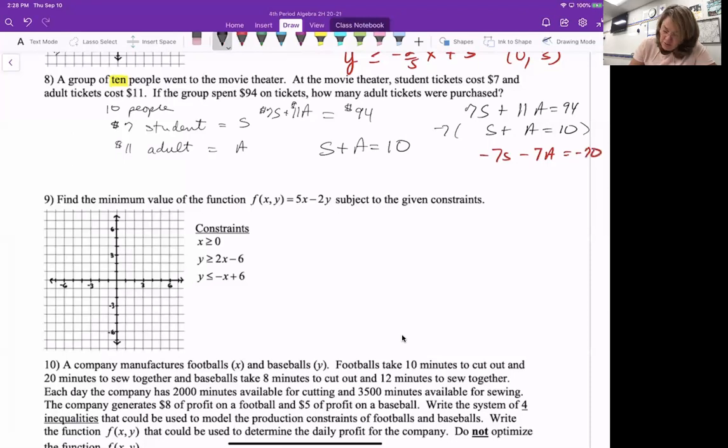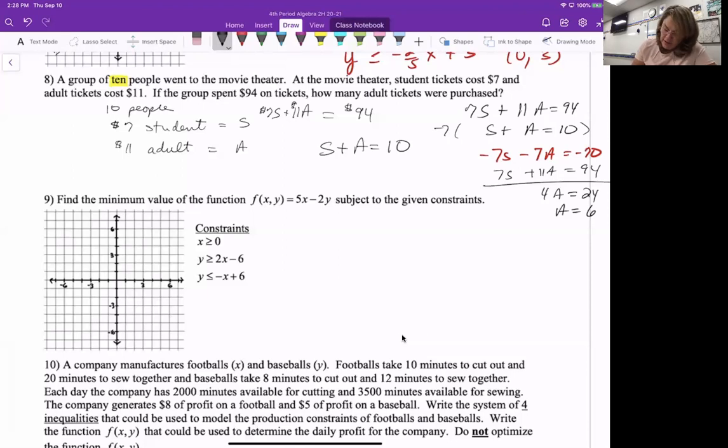And now we need to add the 2 equations, and the s cancels out, and I will get 4a equals 24, and I find that a is equal to 6.